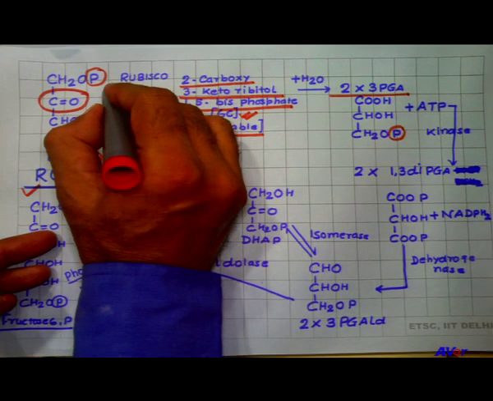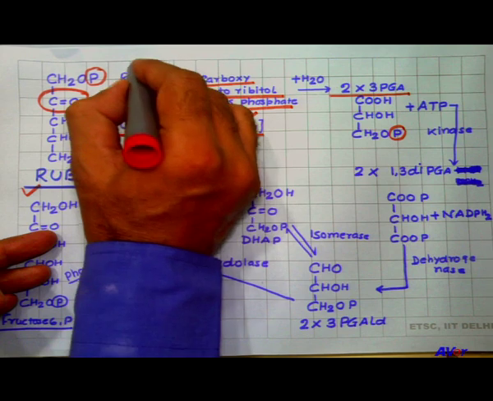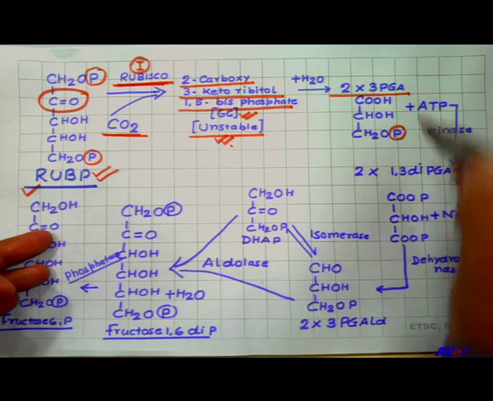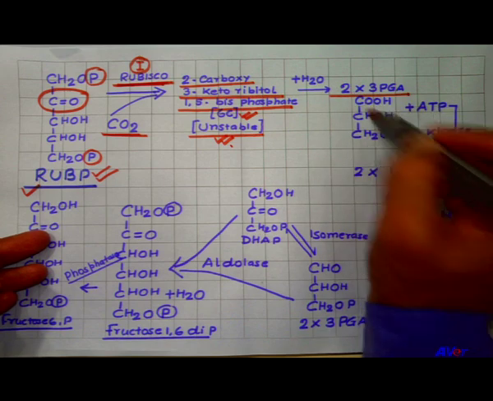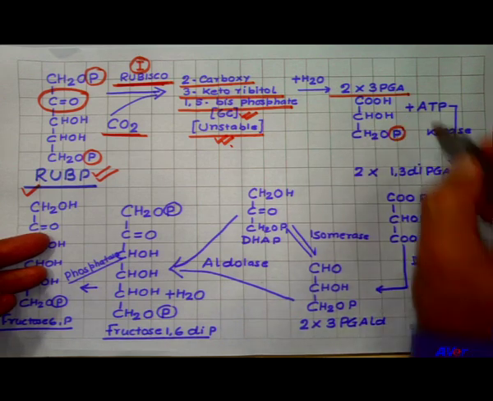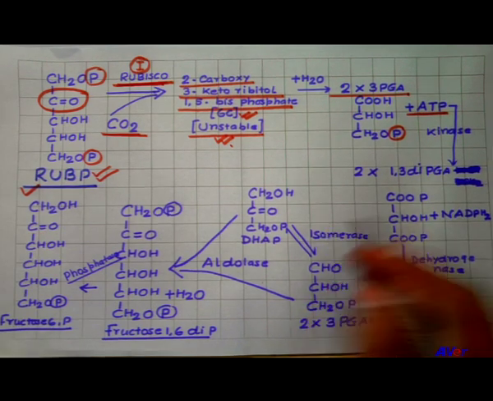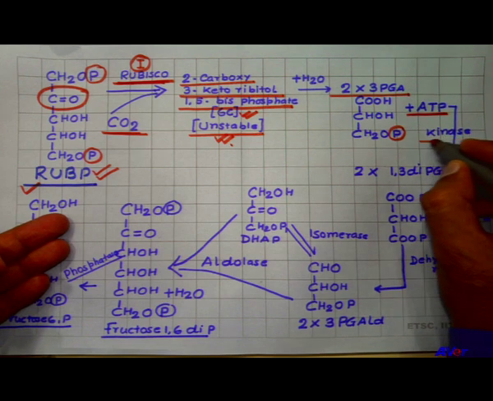So, this is the Rubisco enzyme that helps in the carboxylation, the first reaction, the most abundant enzyme on the earth. Now, these 2 molecules of 3-PGA combine with ATP, adenosine triphosphate, which is already formed in the light reaction, with the help of the enzyme kinase.